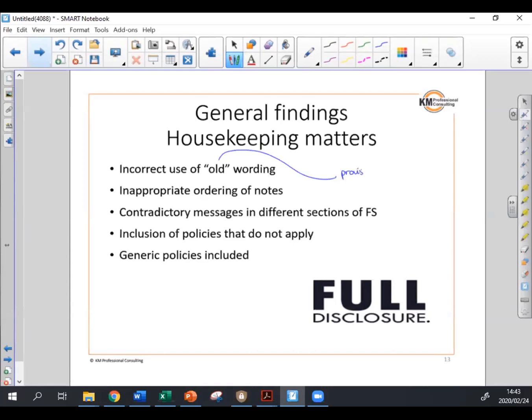So for me, the age-old one that sends me into some kind of heart failure is on the screen right now, and it says provision for bad debt. I know that there are 1 or 2 old ancient standards that still have this written somewhere, whether it's in their scope section or something, but this is an absolute no-no. IAS 39 addressed it as an allowance for credit losses. That is essentially the old wording, and now IFRS 9 addresses it as a loss allowance.